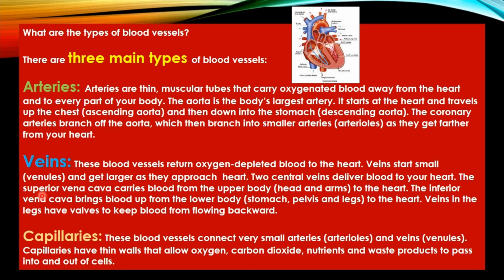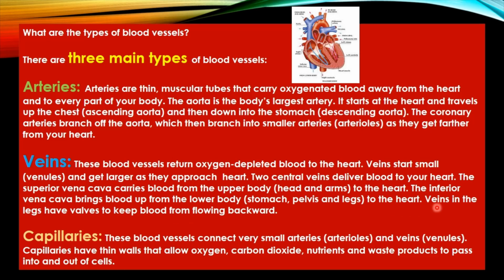Two central veins deliver blood to our heart. The superior vena cava carries blood from the upper part of the body, and the inferior vena cava brings blood from the lower part of the body. These two shed the blood into which chamber? The right auricle.